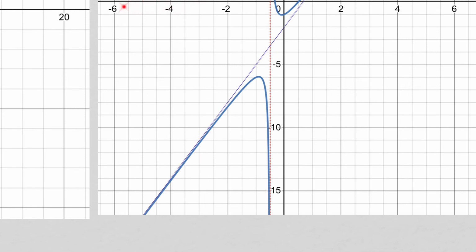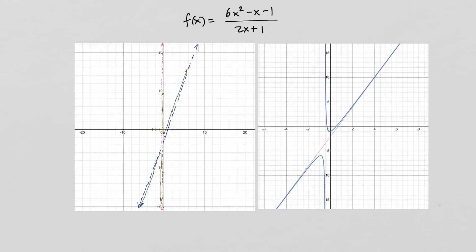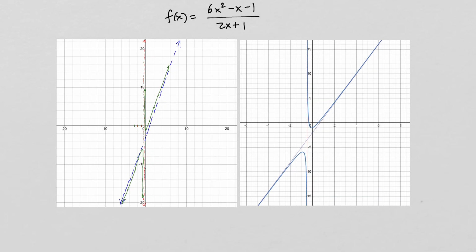As we plug in larger negative values, you can see the graph is getting closer to that slant asymptote. And of course, as we approach the vertical asymptote, the values are getting closer to it. So that is a little better picture than the one that we made, but I am still pretty happy with the graph that we made here. It was reasonably good.